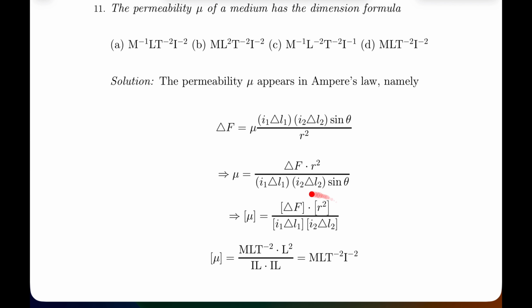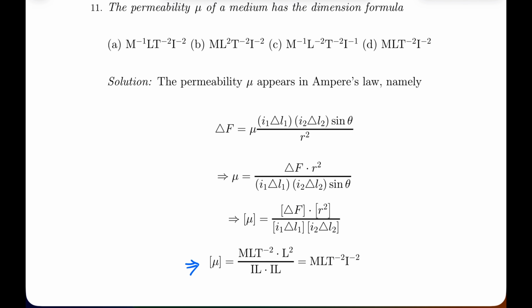So this gives us the dimensional formula for permeability as mu equal to this one. So we have delta F is the force. So for force, we write M L T to the power minus 2. This is r square, this is distance square, so this is L square, this is I1 delta L1.